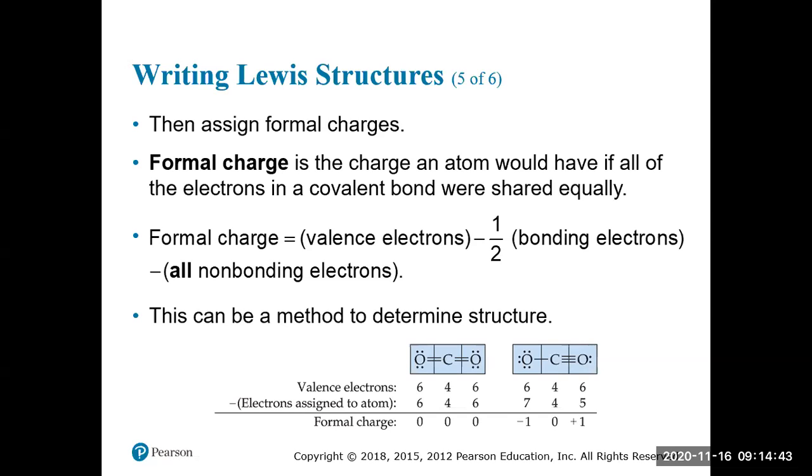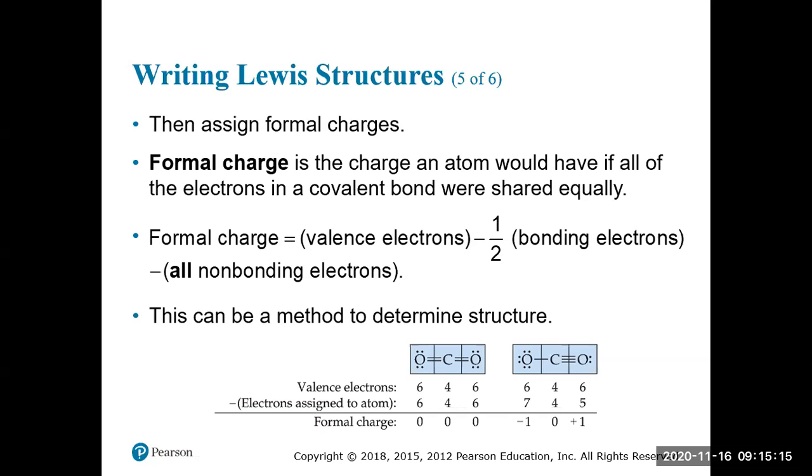So there's something called formal charge. Formal charge is the charge an atom would have if all the electrons in the covalent bond were shared equally. So the formal charge is defined as the number of valence electrons minus half the bonding electrons, and it's half the bonding because we're sharing it, so we're assuming it's shared equally, minus all the non-bonding electrons.